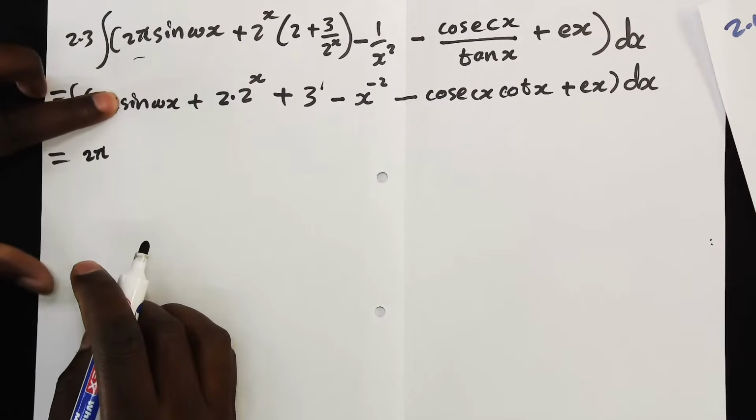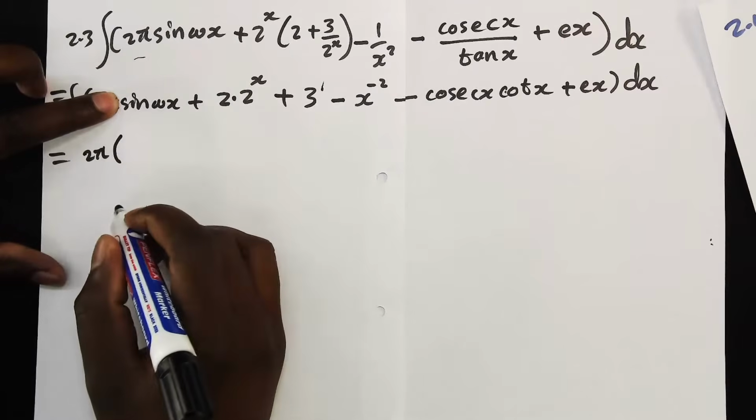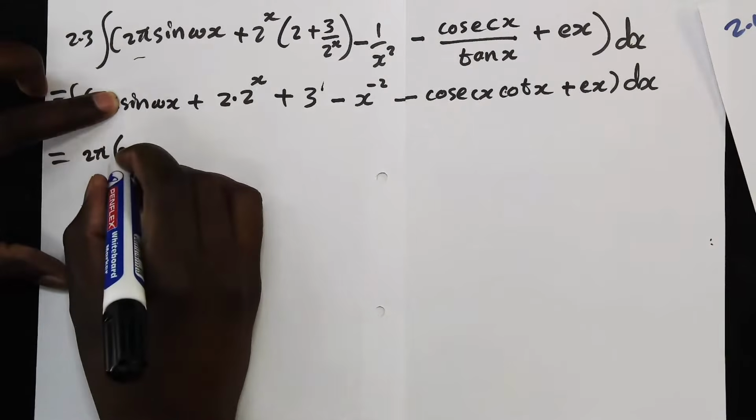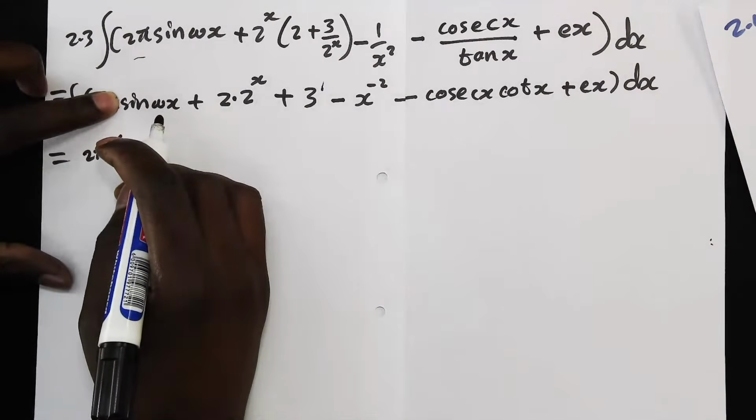Then go to the formula sheet. What is the integral of sine of a function? Check the formula sheet, the far right. Just check the far right in integrals. I hope you got the tip. Always check the far right when you deal with integrals.